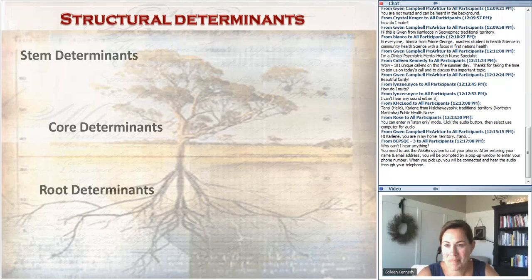And I think most of the people listening on the WebEx today know about these things. Over the past number of years, we've been looking at these determinants based on different kinds of models. The tree works best for me. It makes most sense to me. It represents complex systems working together. It's part of the natural environment. Most people are pretty familiar with it, so it's not an uncommon model for people.